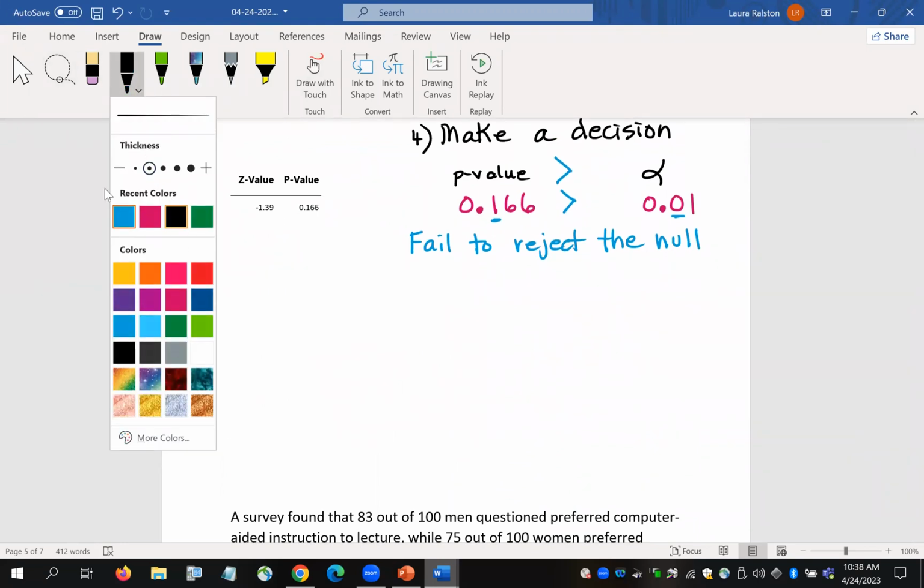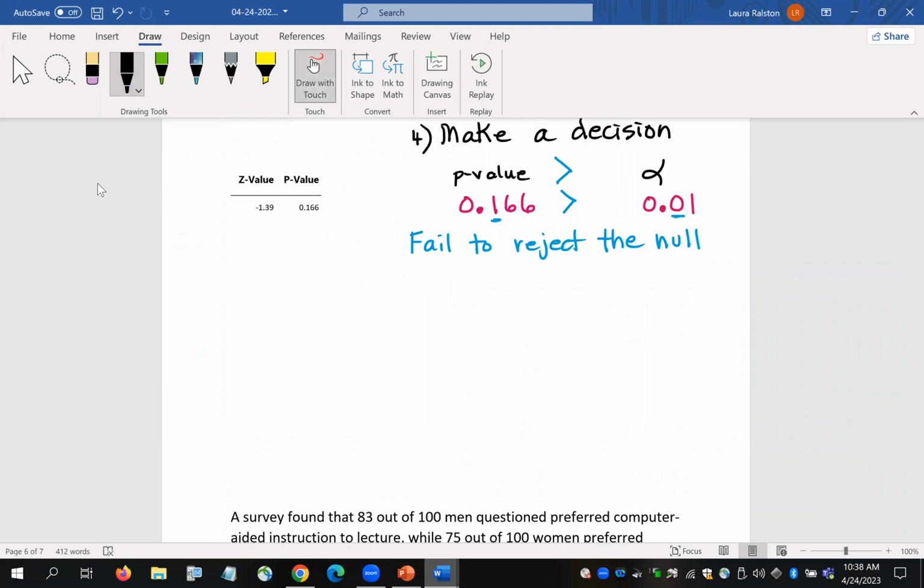So the last step is to write the conclusion.